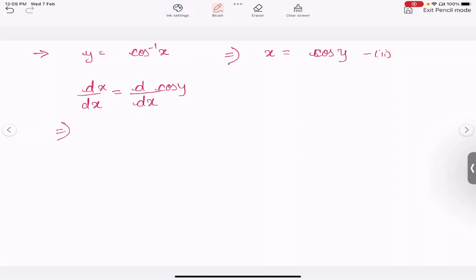That will be equal to 1, and for the derivative of cos y, we'll use the chain rule. That is derivative of cos y with respect to y times dy by dx.